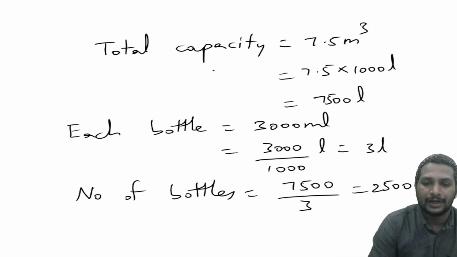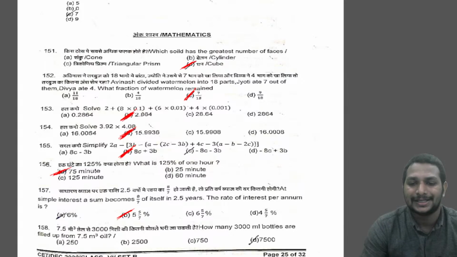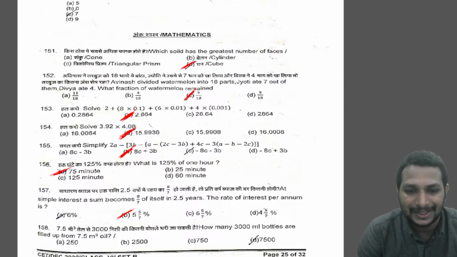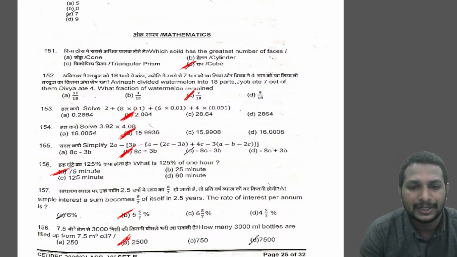We got the answer as 2500 bottles. The answer for this question is option B. Now let's go to the next question.